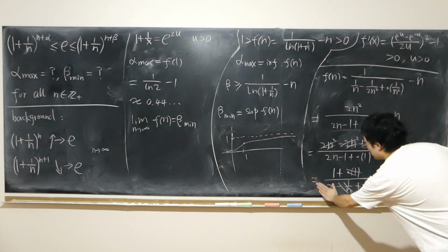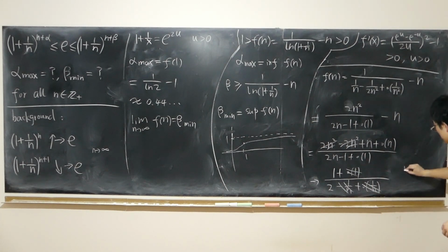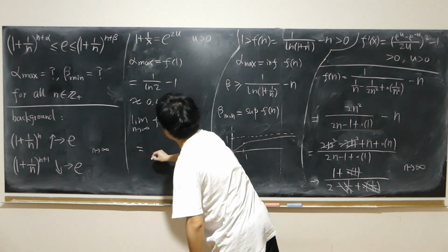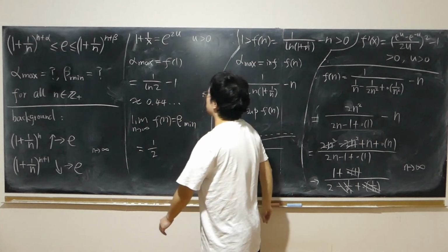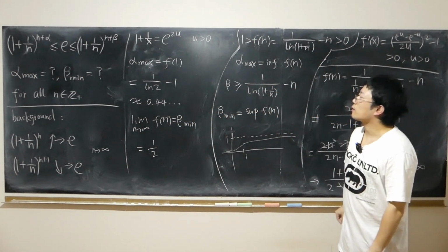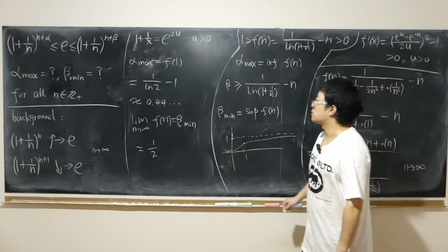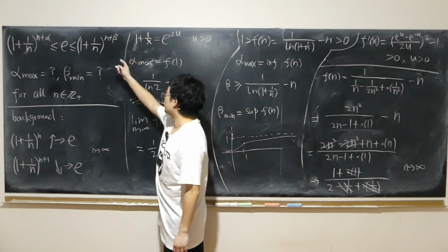So I say it approaches half as n approaches infinity. So the limit of f of n is really half. That's the smallest possible value beta can take.